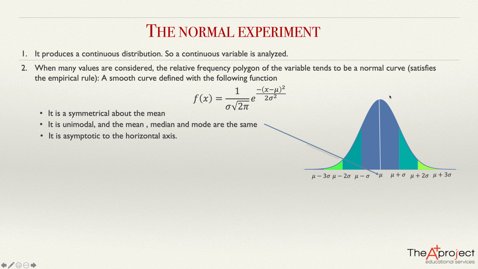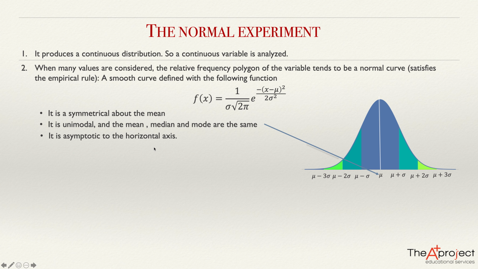So the mode will be here, there is only one point that is the highest one. And this mode is exactly the mean that I told you. And it's exactly the median, because 50% of the data are above this mean, and 50% of the data are below. So the mean, the mode, and the median are the same.